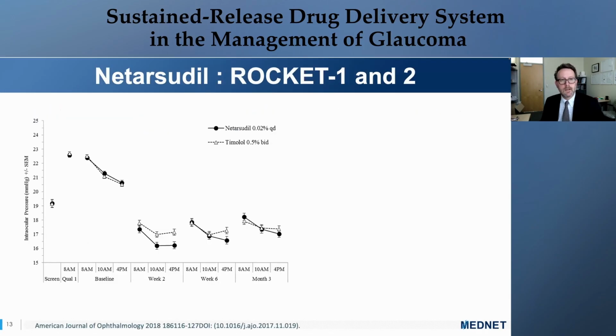In the United States, we have Netarsudil, which is a Rho kinase inhibitor that was examined or trialed in the Rocket 1 and 2 phase 3 clinical trials. And you can see that once a day, Netarsudil really was non-inferior to timolol when given twice a day.